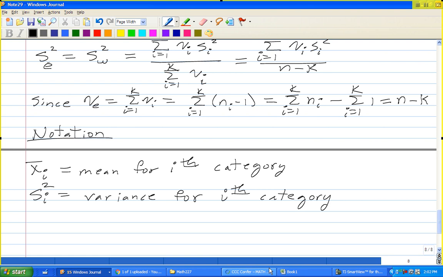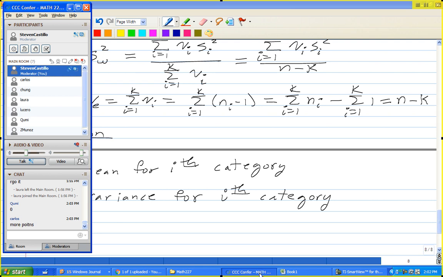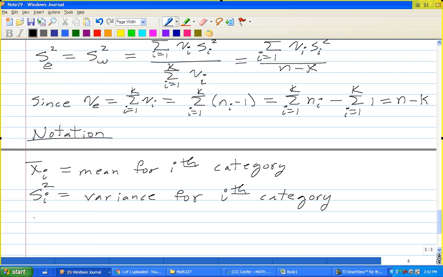The mean. Yes. The mean. When I don't have an i, it means the mean of all the means. This is the average of the averages. So it's the mean of all sample means.